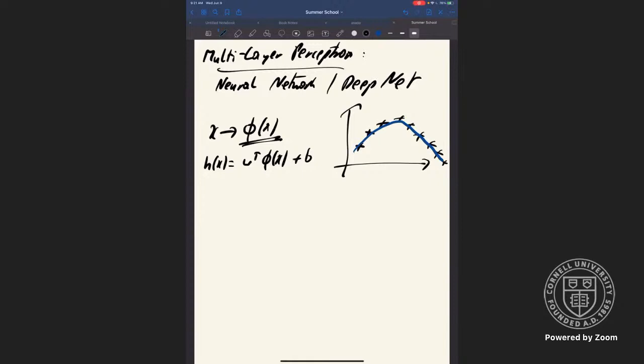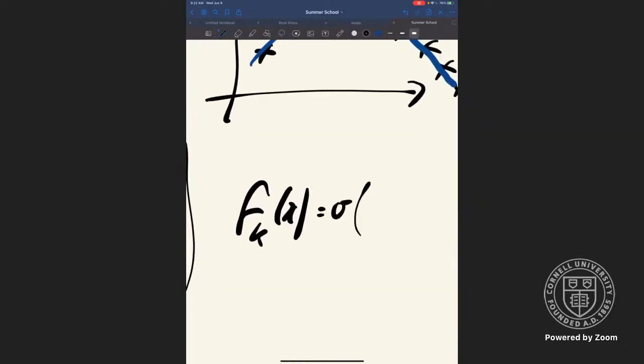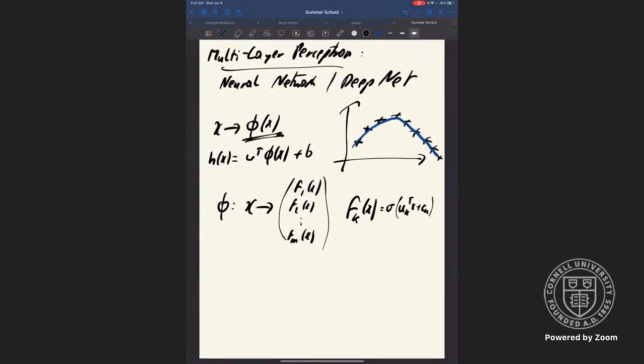So why don't we just say our mapping phi goes from X to the output of a whole bunch of perceptrons, f1 of X through fm of X, where each fk of X, or we can choose a logistic regression classifier, the same thing, is itself the output of some u transpose X plus ck, and this here is again just our sigmoid.